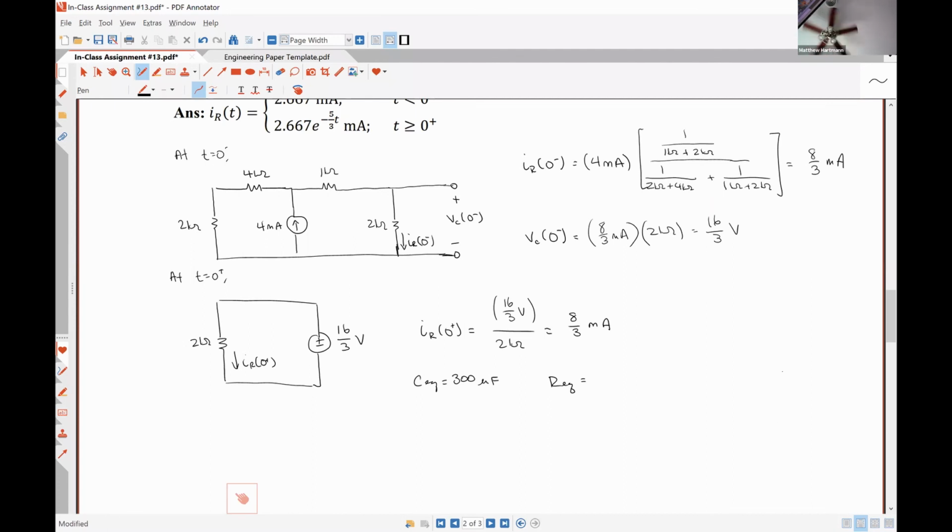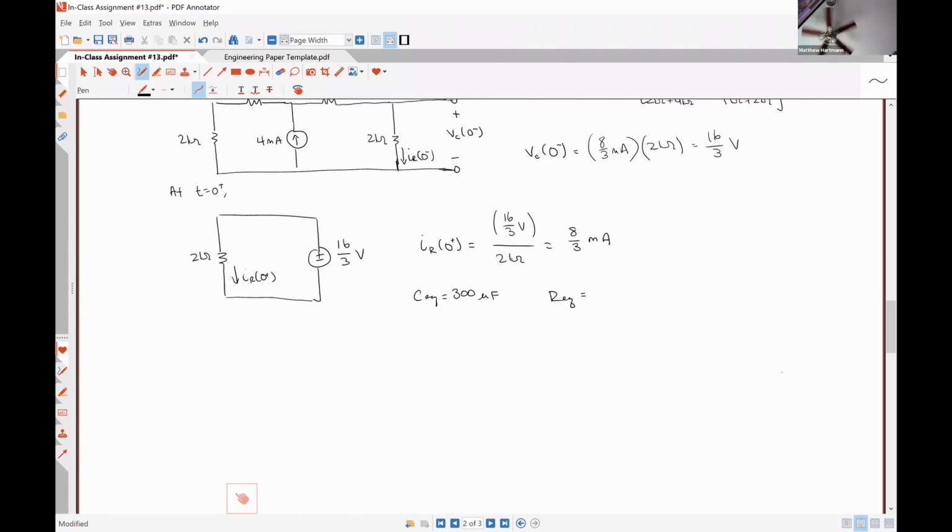So if we look at the circuit at t is equal to 0 plus, and we take our capacitor out, what resistance do we see? 2 kilo ohms. Right. So to be explicitly clear, you're 100% right that it's 2 kilo ohms. I'm going to redraw the whole circuit.